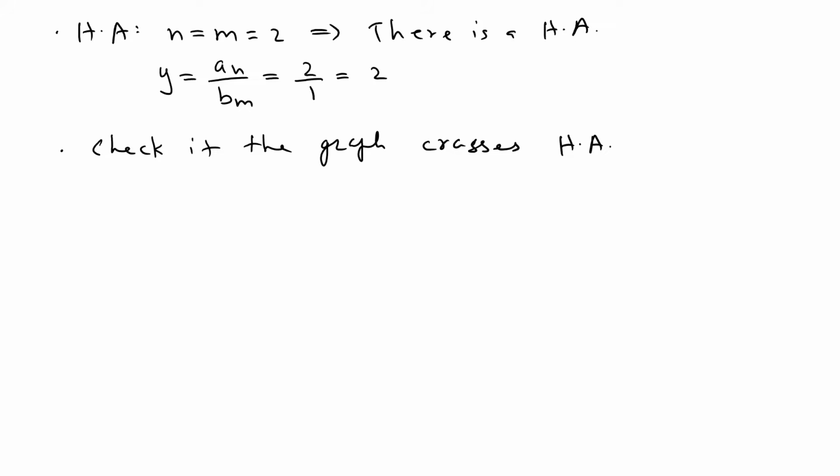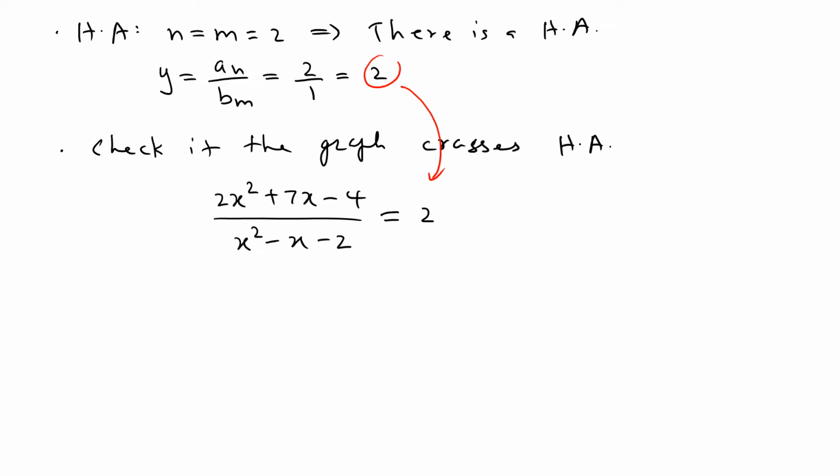For that, we set the function equal to the asymptote value. So 2x squared plus 7x minus 4 divided by x squared minus x minus 2 equals 2, and the 2 is coming from the asymptote value.